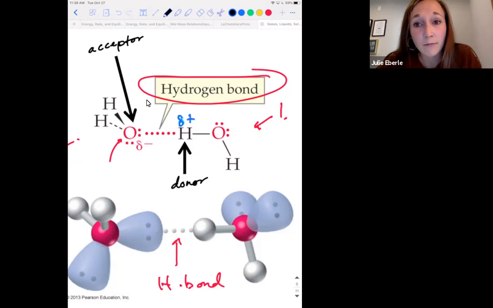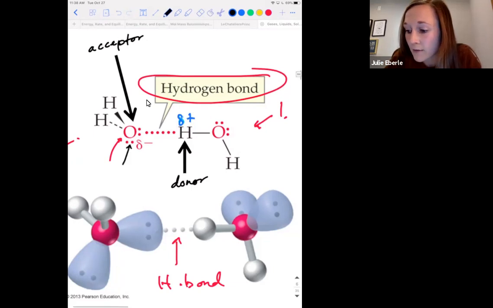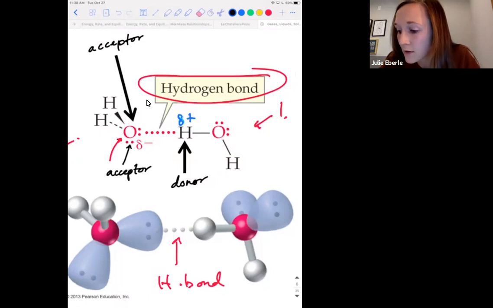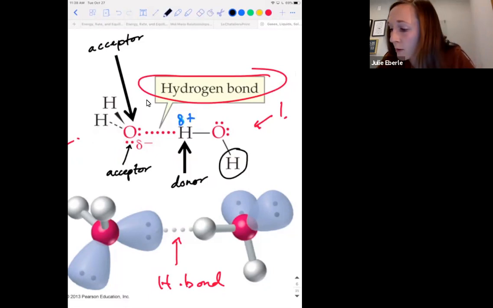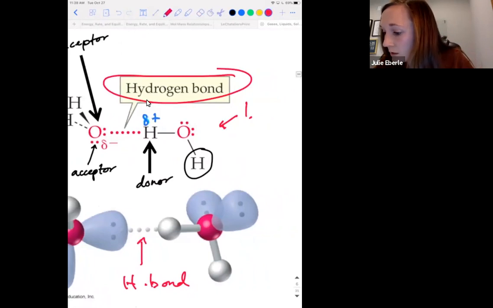So the lone pairs, guess what? This lone pair is another acceptor. So we have 2 acceptors on this oxygen, and then this hydrogen is a donor. Guess what? This hydrogen could also interact if we had another water molecule over here. If we had an oxygen with 2 hydrogens, there could be another hydrogen bond right there.